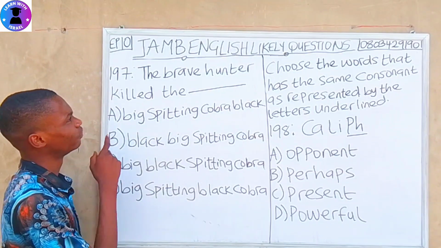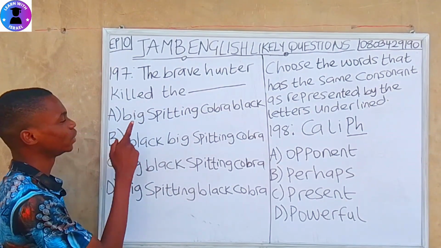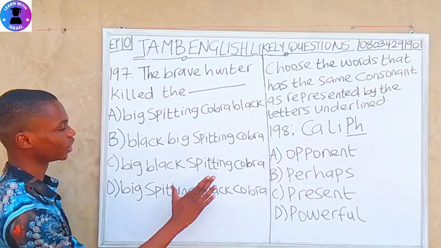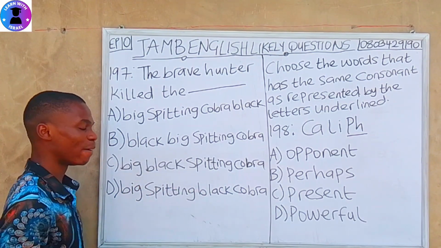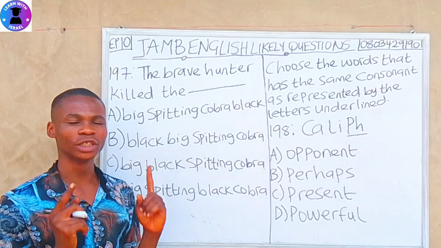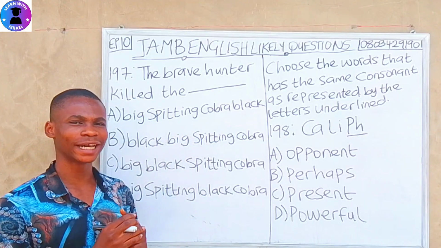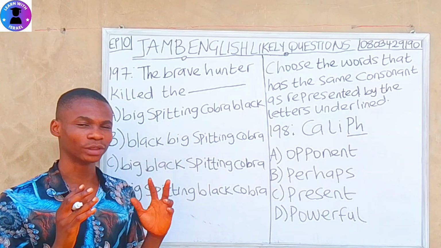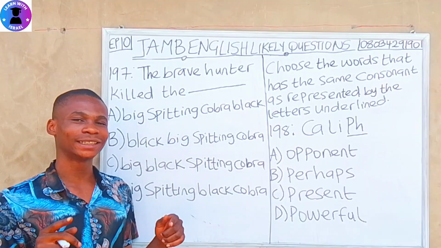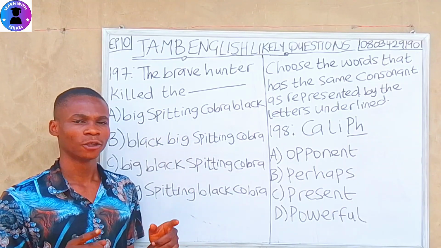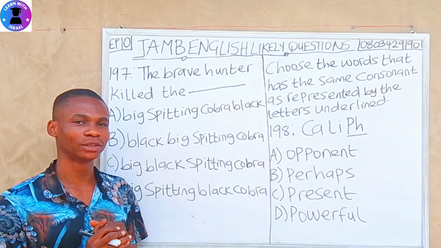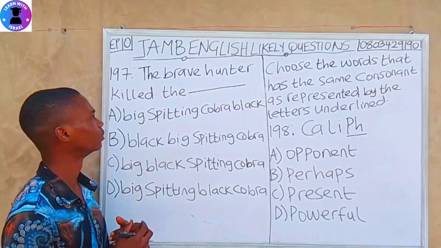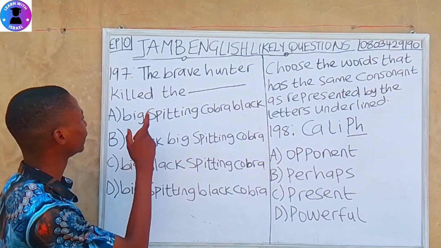Question 197. The brave hunter killed the dash. This question is under adjective. Before you can answer this kind of question, you need to know the order of adjectives. In my previous episode, I talked about adjectives. If you need more understanding, make sure you watch my previous episode. The brave hunter killed the dash.